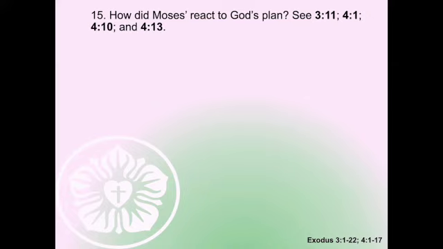Number 15, how did Moses react to the plan that God proposes? You could summarize this if you would like, or parse out all the details from verse 11 and 13. So God says, go. Moses says, no. God says, go.